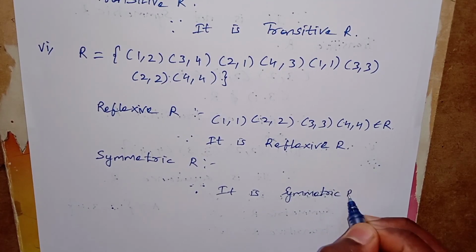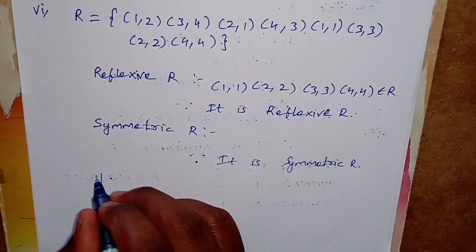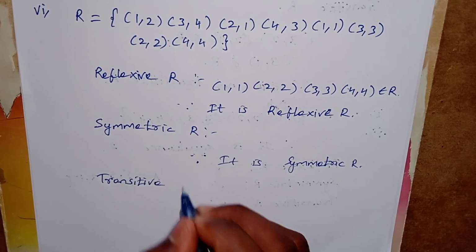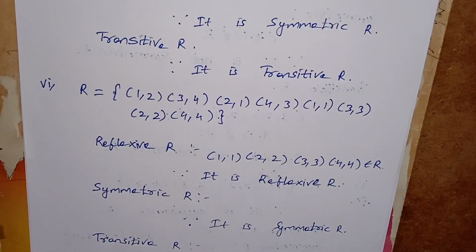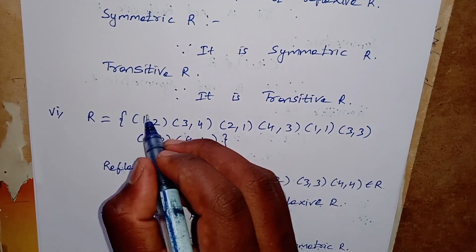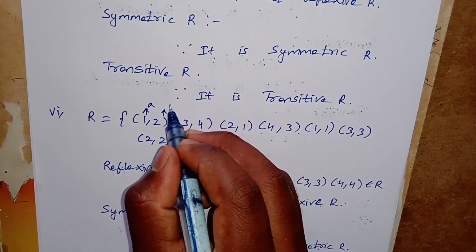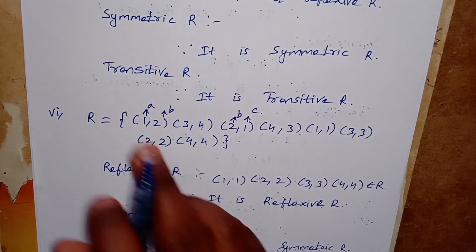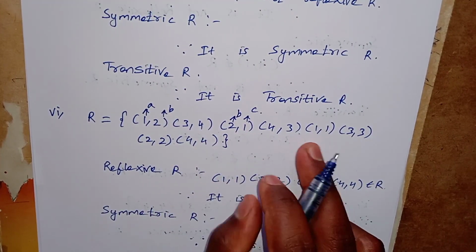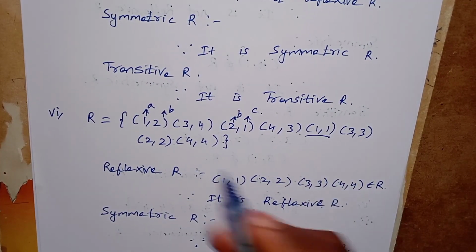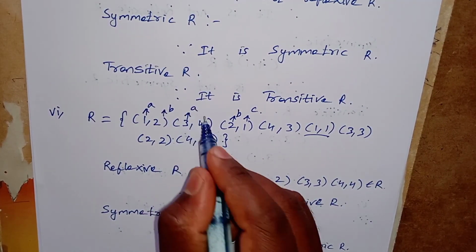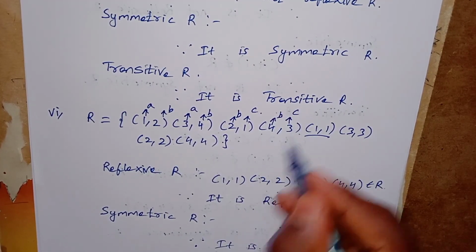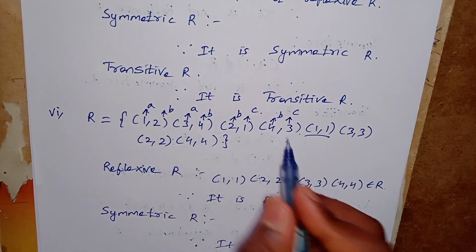Okay, finally transitive relation, here A comma B, B comma C. Therefore A comma C, 1 comma 1 is present. Okay, next here it is A comma B, B comma C. Therefore A comma C, 3 comma 3 also present.